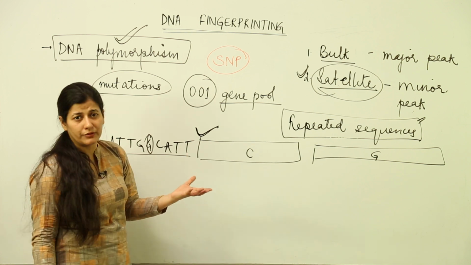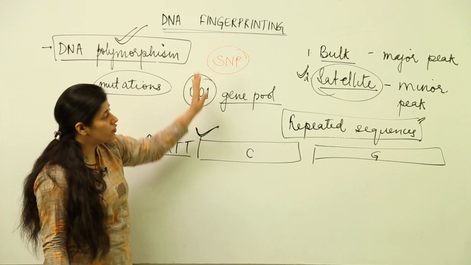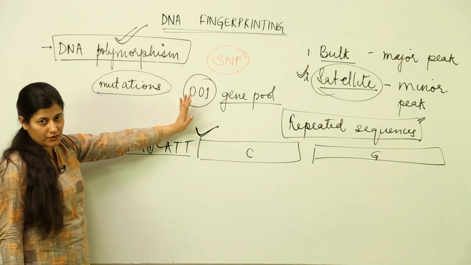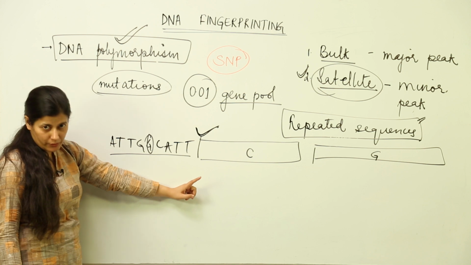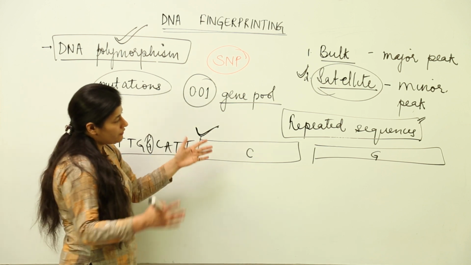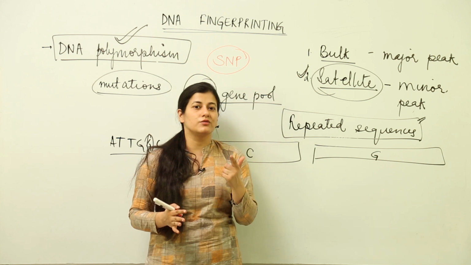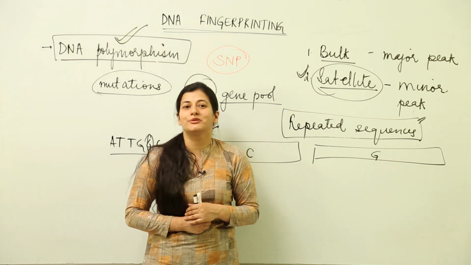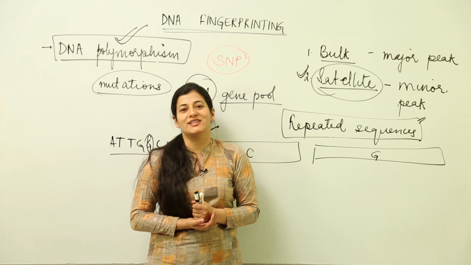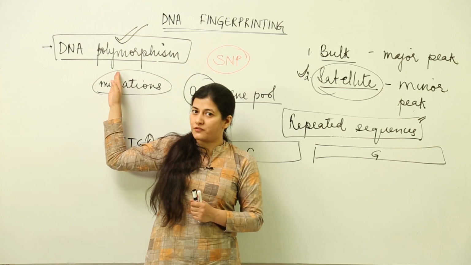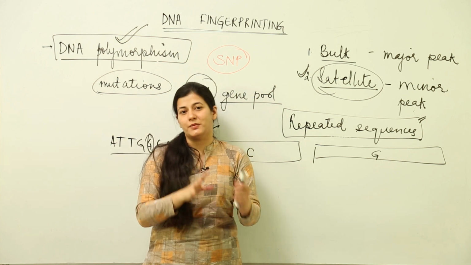And we are going to talk about the applications, but for now I want you to understand what this DNA polymorphism is all about. We are going to target this DNA polymorphism inside the lab. We are going to trace the similarities in that polymorphism and figure out who was the criminal. So this is what DNA fingerprinting is all about in terms of DNA polymorphism. How it is done, that is part of the next lesson.